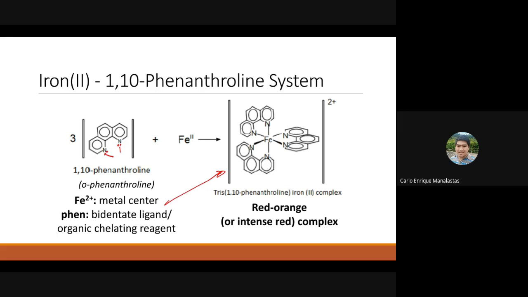The complex formed from the reaction of these two forms a red-orange, or sometimes a very intense red, complex solution. And again, since you have a colored solution, you can measure its absorbance using UV-Vis.